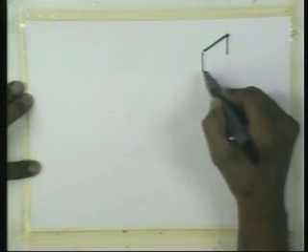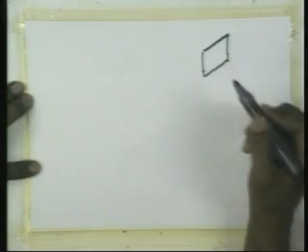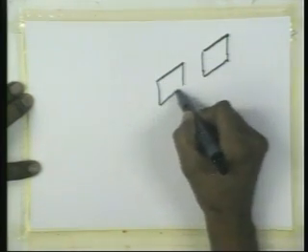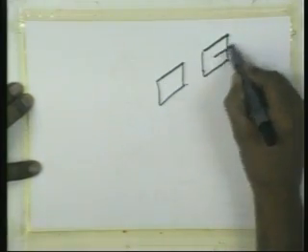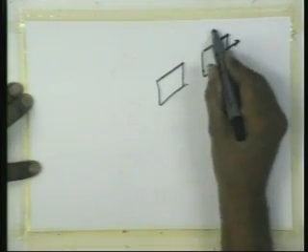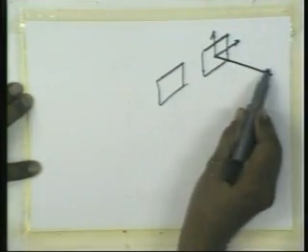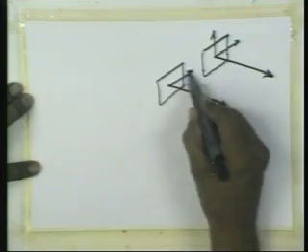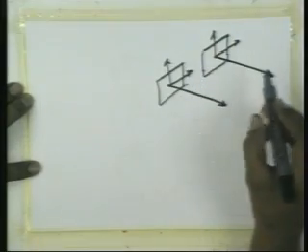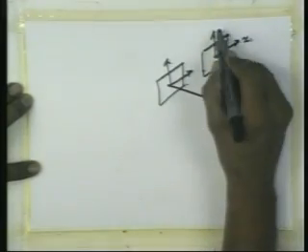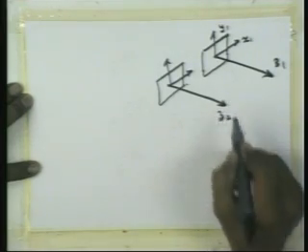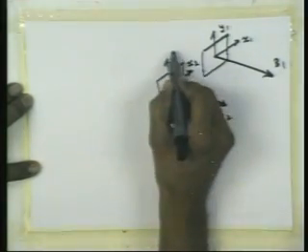Supposing I have two cameras and I will only show the image planes of these two cameras. These are the two image planes with the axes, and these two axes are parallel. So, this is my say x1, y1, z1, this is z2, x2 and y2.